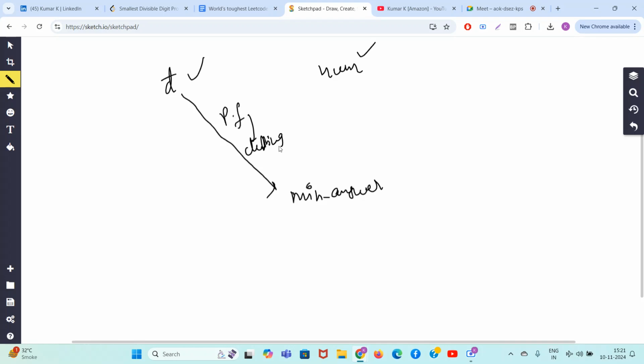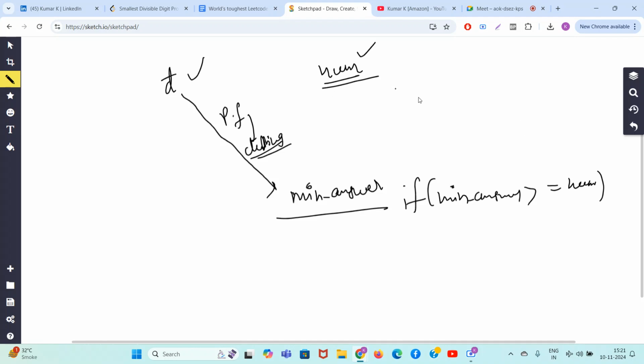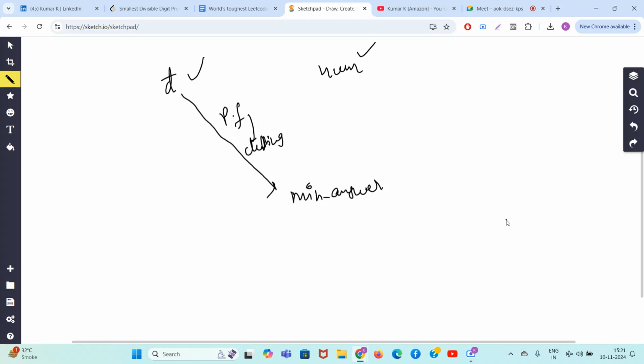If this minimum answer is greater than or equal to num, well, this is the only answer. Simple. Nothing else to do. The only case we need to solve is what we should do if the minimum answer is less than num.